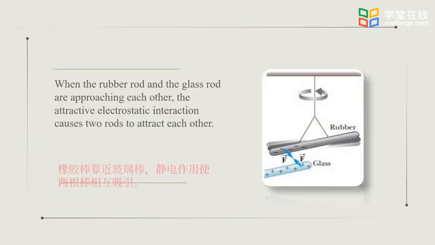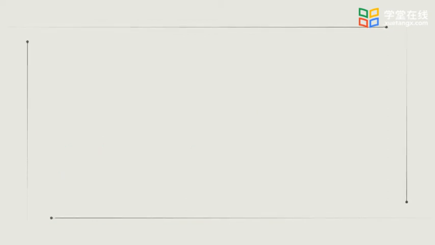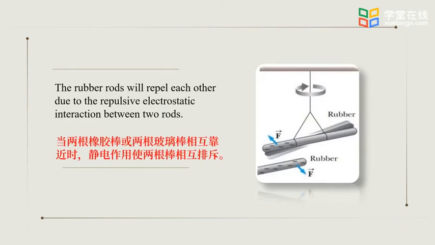When the rubber rod and the glass rod are approaching each other, the attractive electrostatic interaction causes two rods to attract each other. The rubber rods will repel each other due to the repulsive electrostatic interaction between two rods.